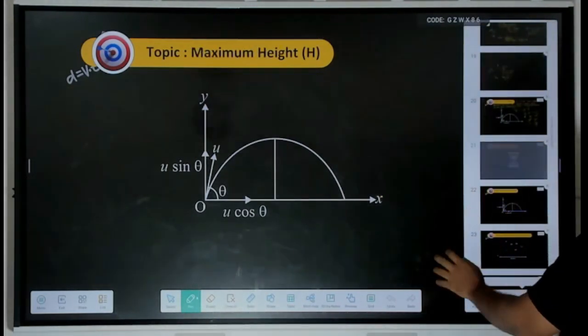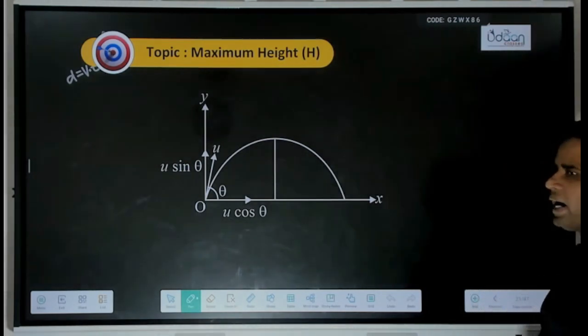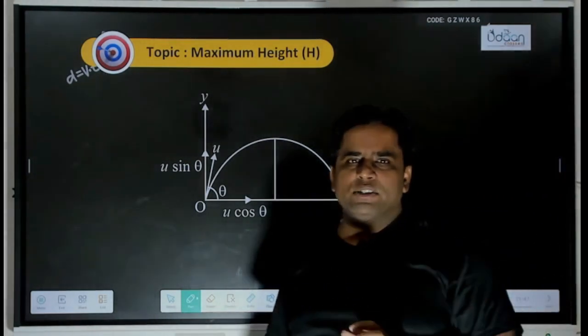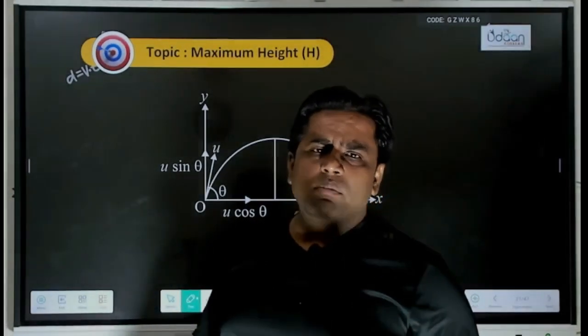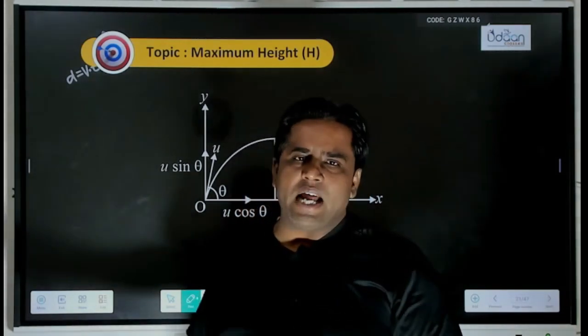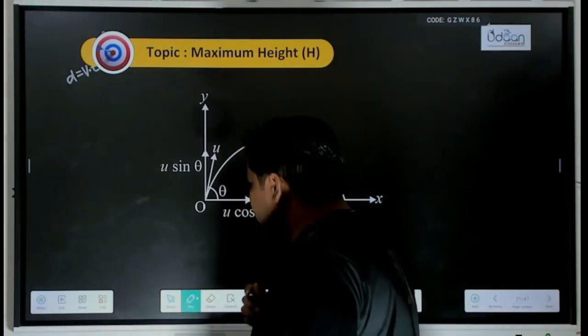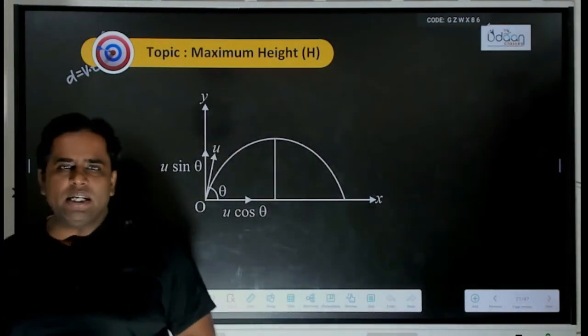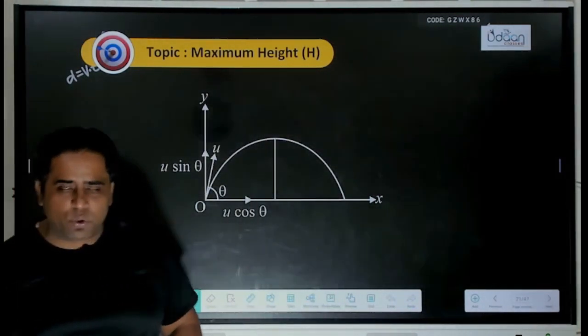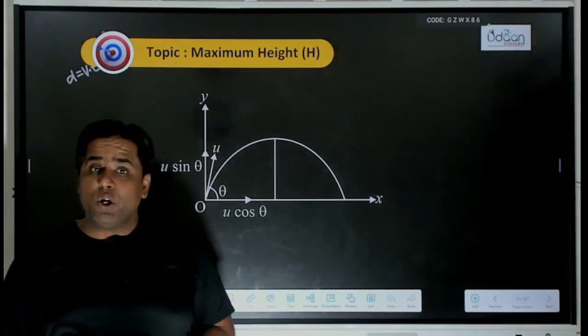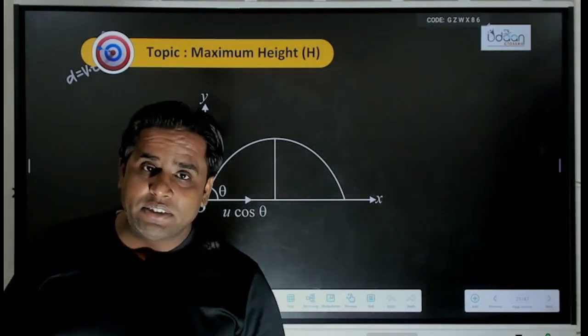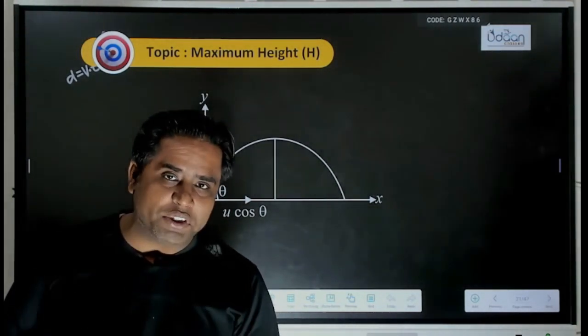Coming to the next point, it is nothing but maximum height. What is the maximum height, student? All the time from the starting of this lecture, I am telling you again and again that the motion is under the influence of acceleration due to gravity on the y-axis, and on the x-axis the acceleration is 0. So motion is uniform motion.